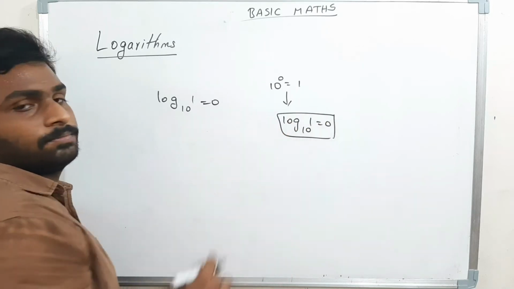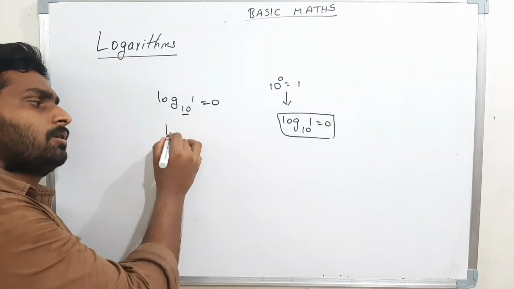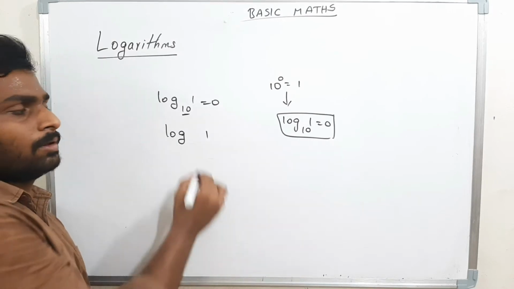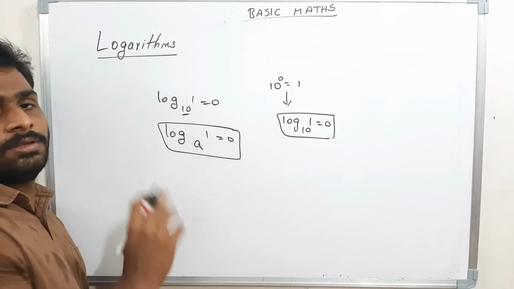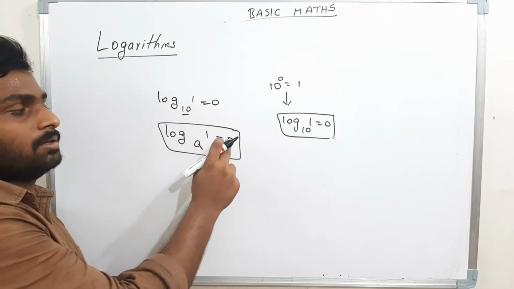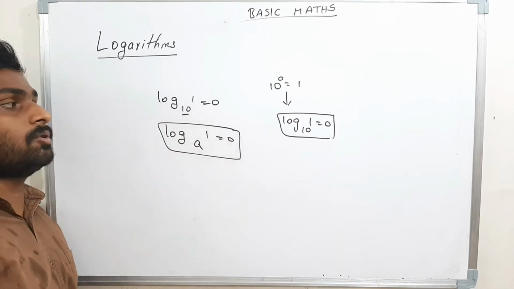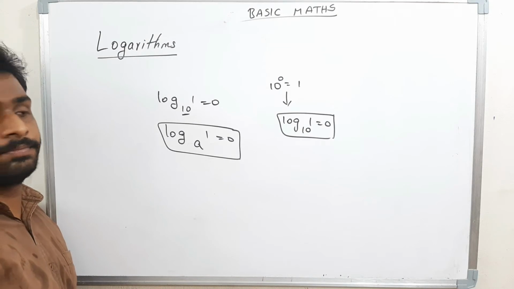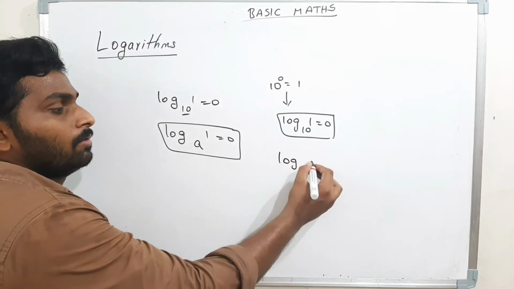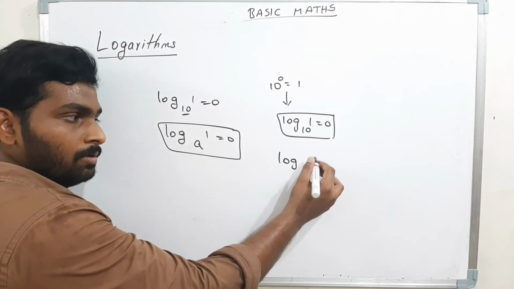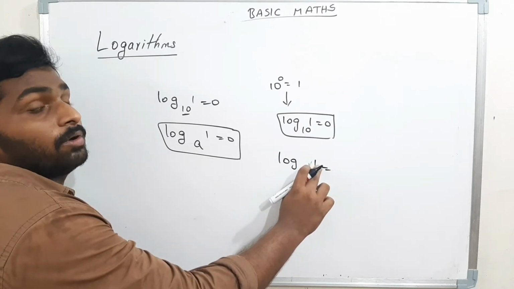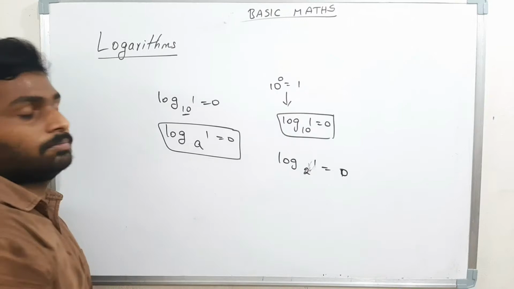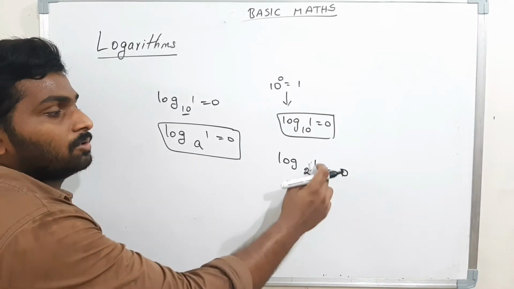The same thing, not only 10, anything: log 1 base a is equal to 0. The base may be anything, but if the value is 1, then the answer is 0. Please remember that. Log 1 base 2: even here the value is 1, therefore the answer is 0. 2 power 0 is equal to 1. That's all.